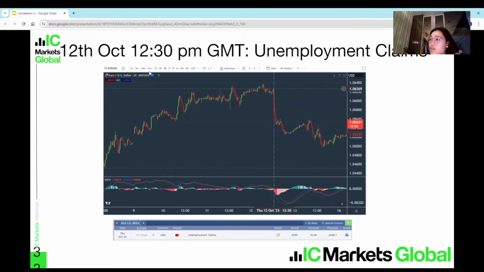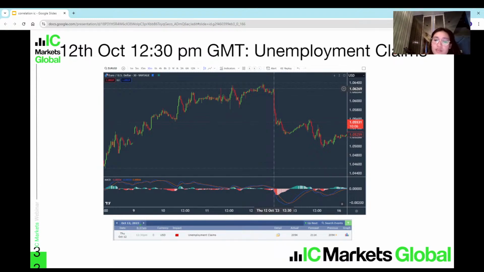Now we're looking at our euro dollar, also on the 30-minute time frame, and you can see how the price of the euro dollar actually drops in comparison. That's because the euro dollar tends to move in the opposite direction from the DXY, because the DXY is heavily weighted towards the euro.